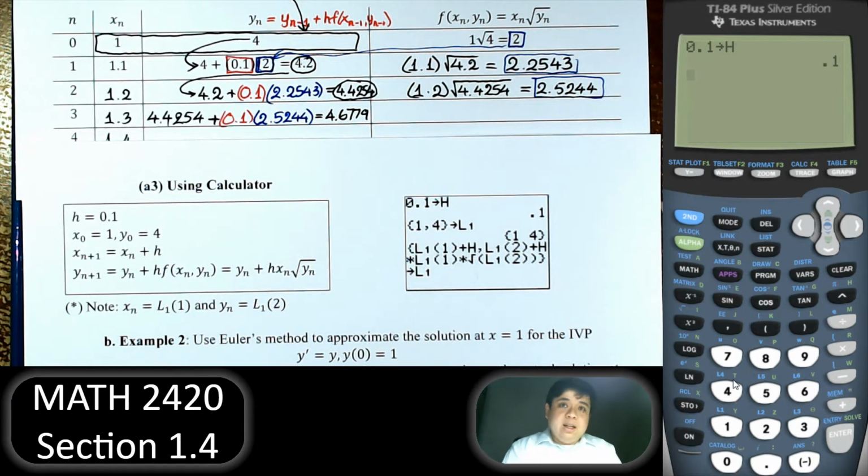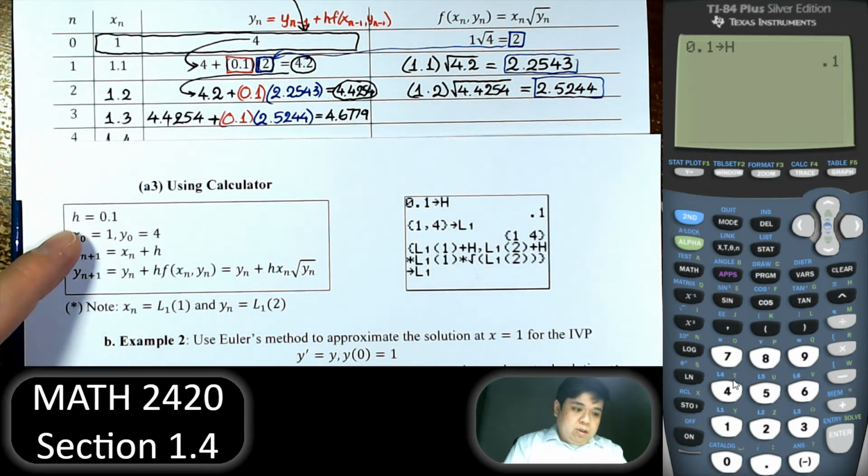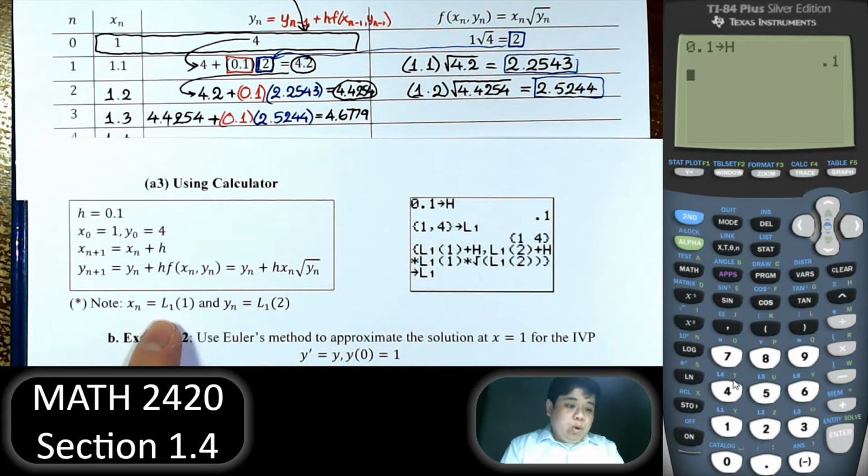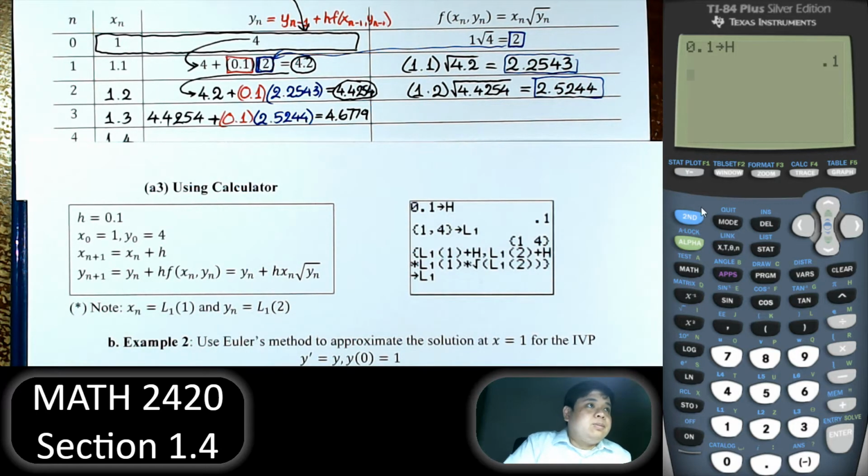And then next, initialize the problem. Instead of using x and y, we use the first component of the list and the second component of the list. So I will say x equals 1, y equals 4.